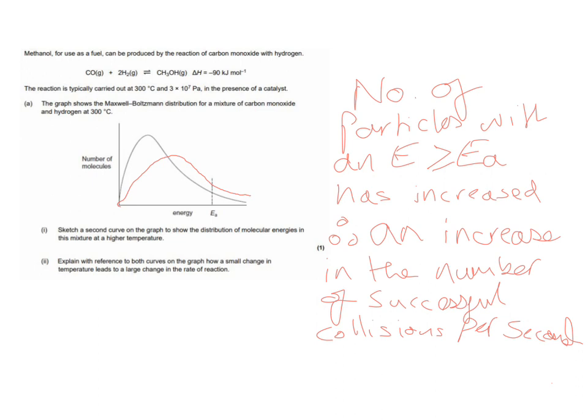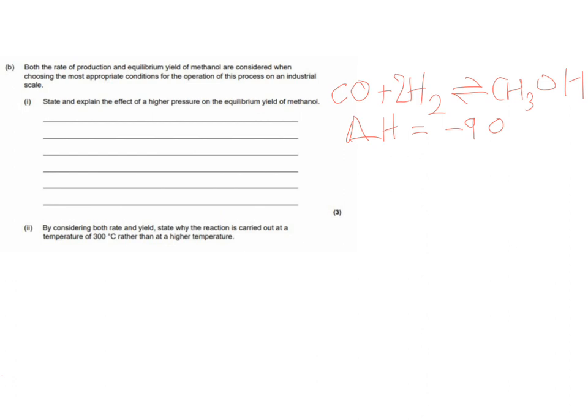Okay, very poorly written, sorry, per second. And that's the answer to that one. So you get a mark for the number of particles with an energy greater than the activation energy is increased, and a second mark for saying so the number of successful collisions per second has increased.